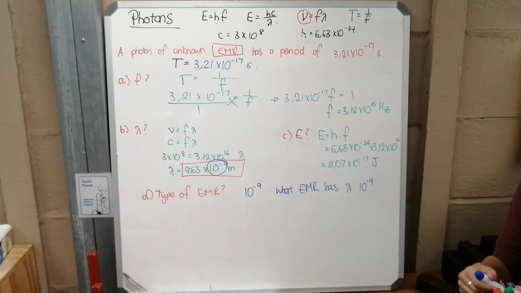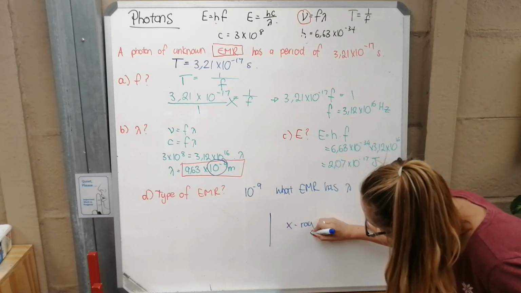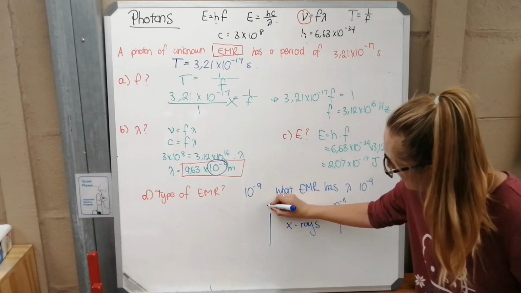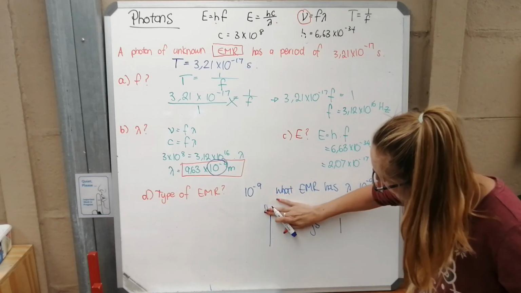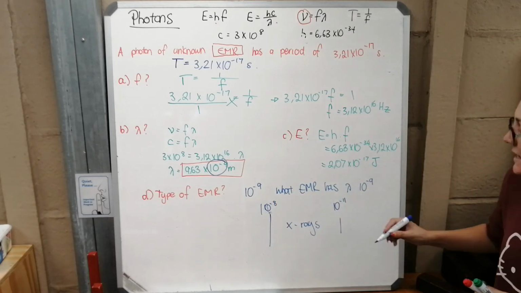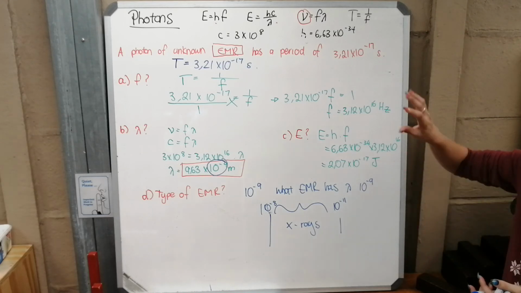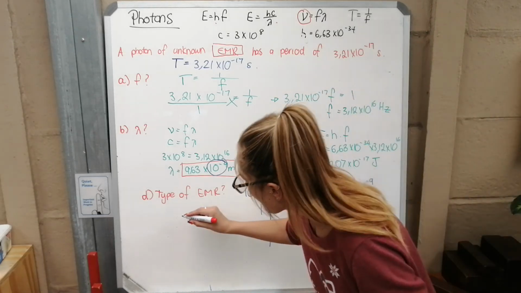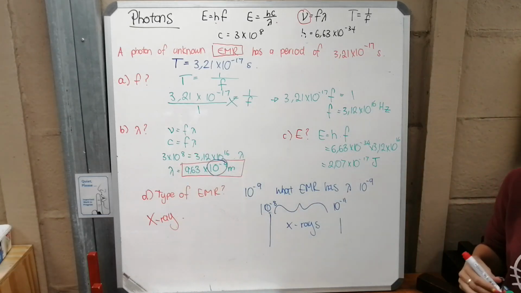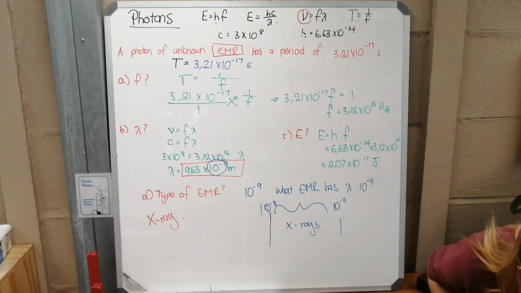And on that you'll see X-rays range from, I think, 10 to the negative 8 up until 10 to the negative 11, which means 10 to the negative 9 lies in that range, which means that this photon is a photon of X-ray. Okay. Yeah, I think that's fine.